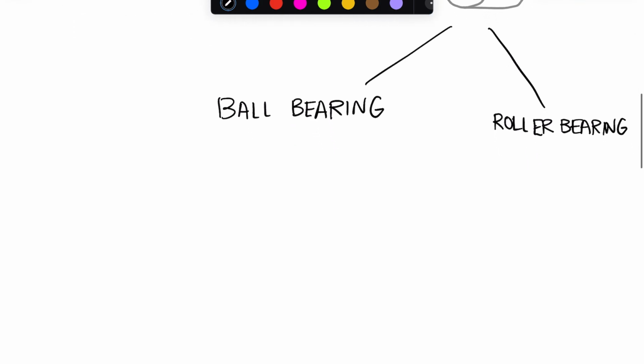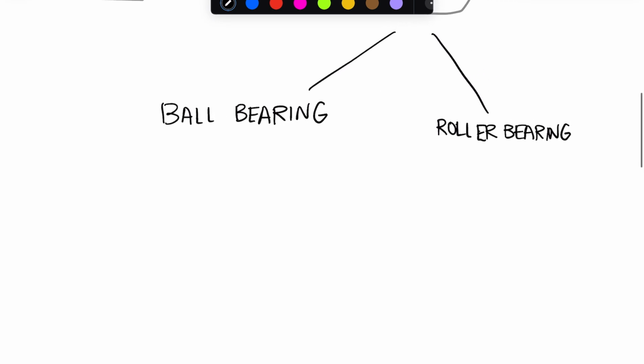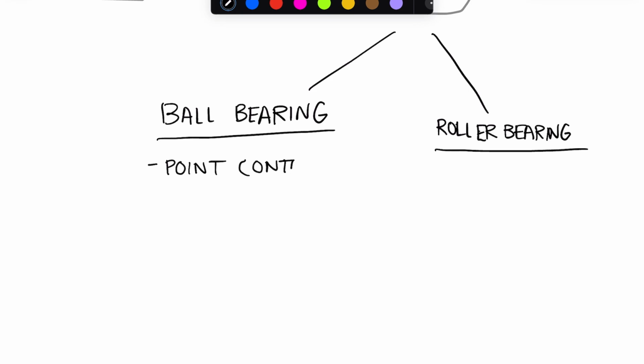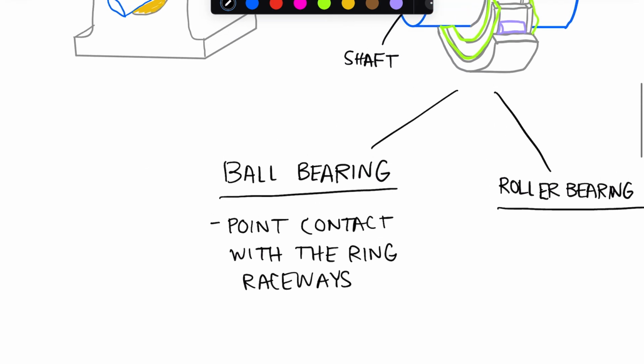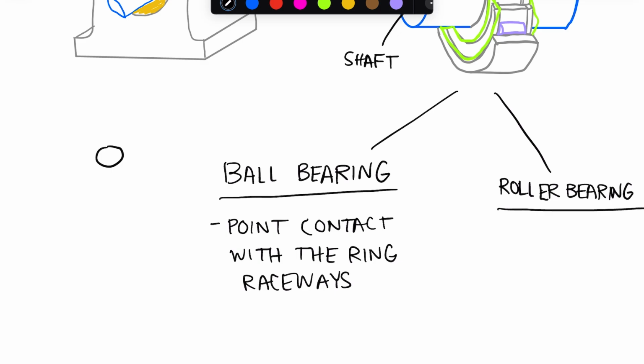So how do you decide when you want a ball bearing and when you want a roller bearing? There's a few pros and cons of each. For ball bearings, we get point contact with the ring raceways. If you think about the way that a ball bearing is set up, we have balls.